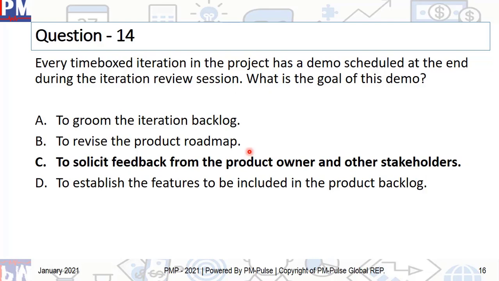And they can change because of different reasons, but not necessarily because of a demo. So that's not the goal of a demo. And then D, to establish the features to be included in the product backlog. Absolutely not. It's the other way around, right? So these are all wrong statements, and this is the only correct statement when it comes to demo. Remember, demo is another terminology for iteration review or sprint review.